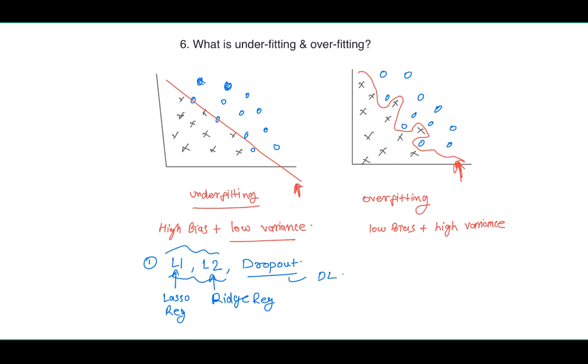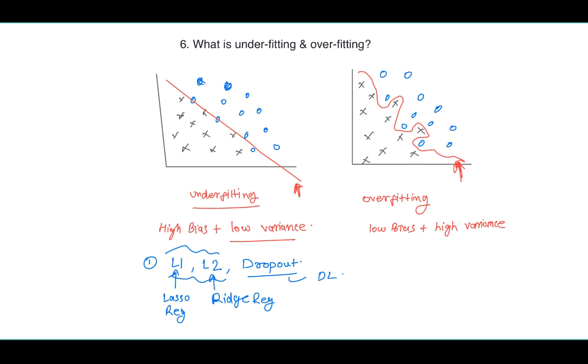These L1 and L2 regularizations add some factors to the weights of the classifier, and if weights are high, then the cost function will be high. So in this way, machine learning always tries to keep the weights low so that the loss function should be low.